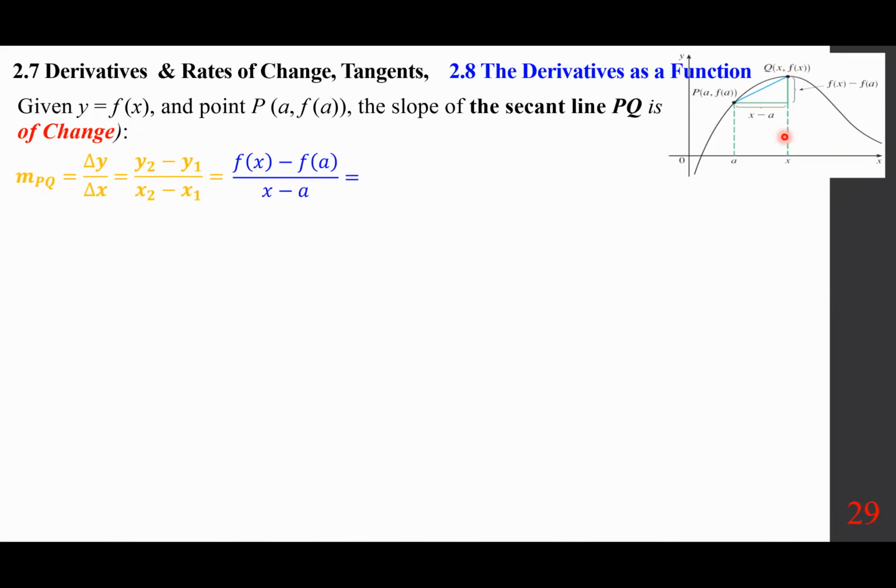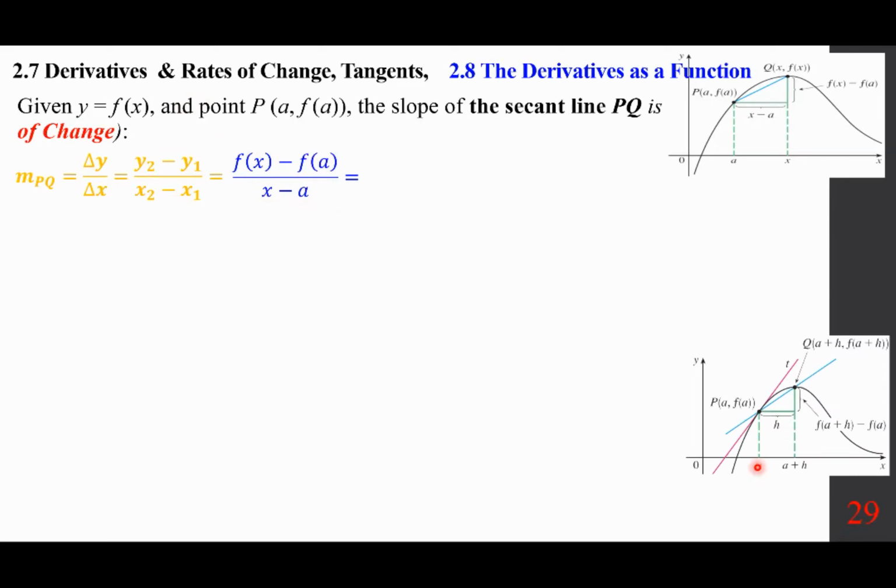Now, as we look at this graph, if we call this A and we call this X, I hope you realize this is identical to this, and it's rise over run. So it's the same as the slope as before. If we call this A and this distance H, so this is A plus H, and we go through the same process, rise over run, it gives us f of A plus H minus f of A over H.